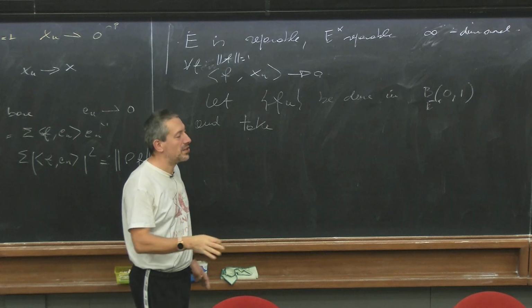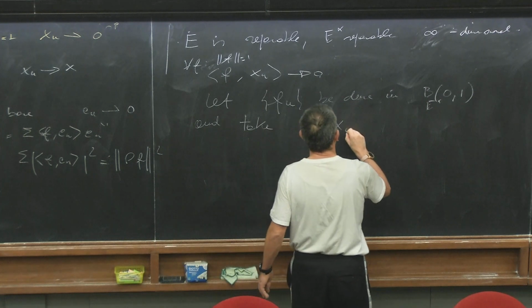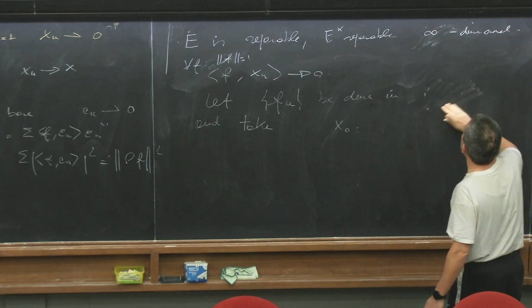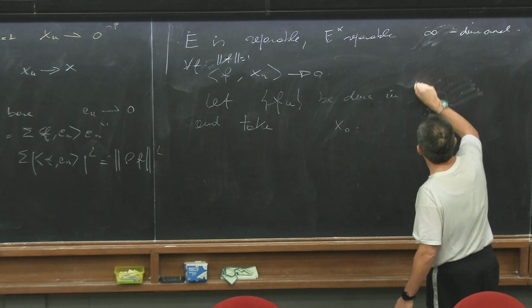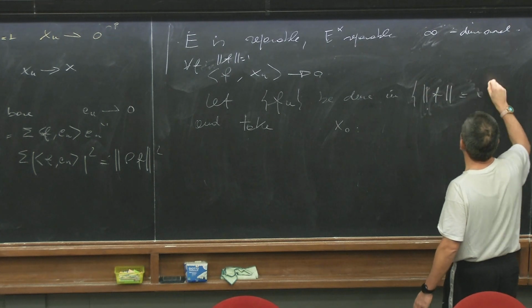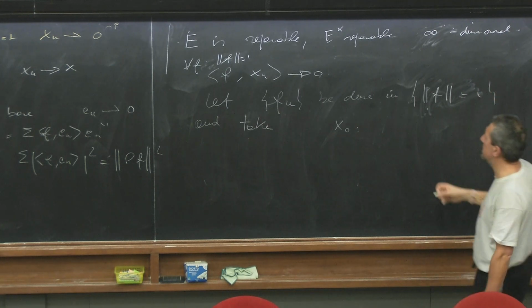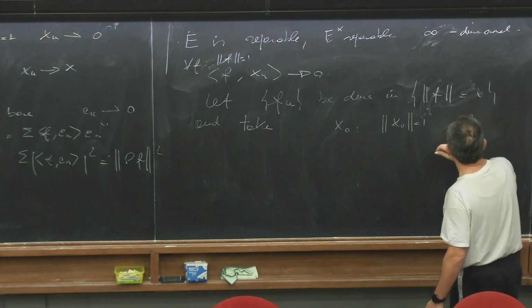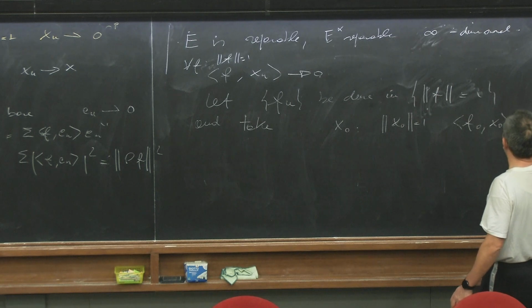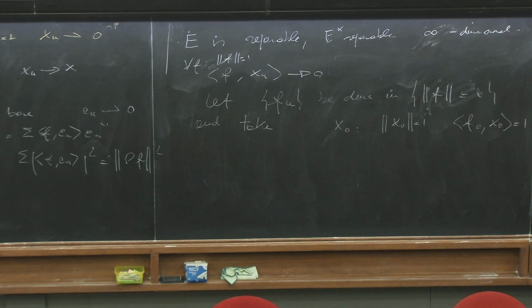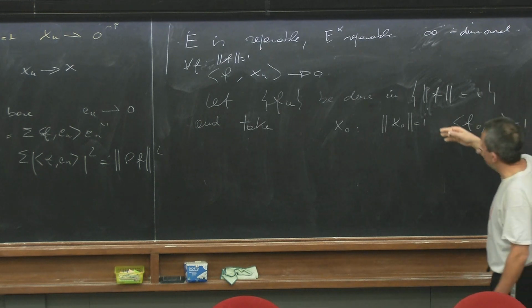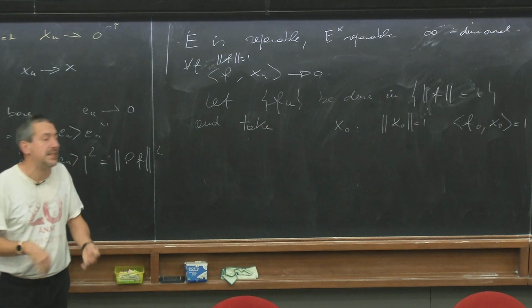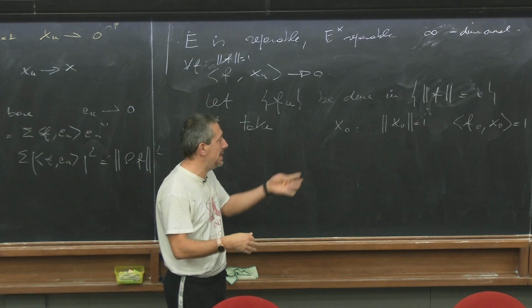Let's say x0 such that the norm of x0 equals 1, just for easiness, and f0 of x0 is equal to 1. And this exists because it is reflexive. I have the supremum, but being reflexive, I can obtain that there exists a maximum.